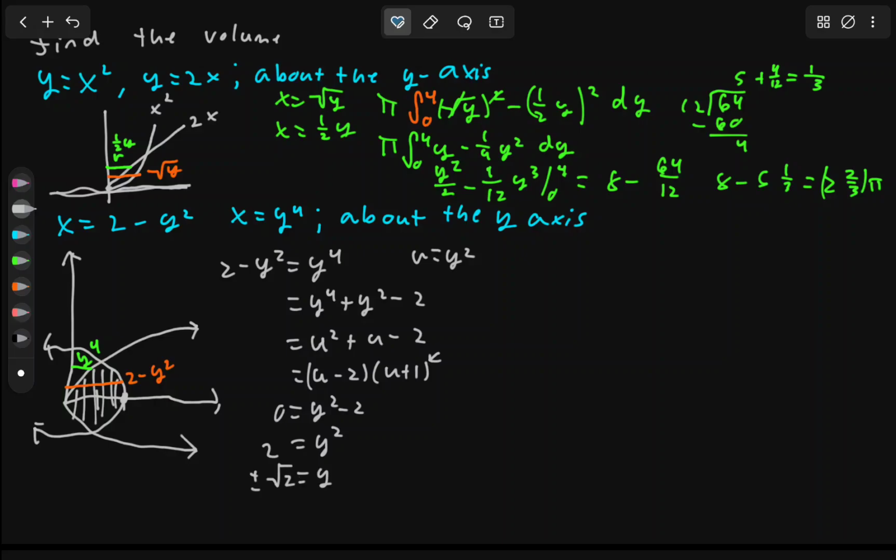This is going to be a not-so-fun integral. Okay. And here I thought I was creating carefully constructed problems. No, I'm kidding. Okay, so we're doing pi times the integral from negative square root of 2 to the square root of 2. Alright. Ooh, actually, this might turn out a bit nicer than I thought.